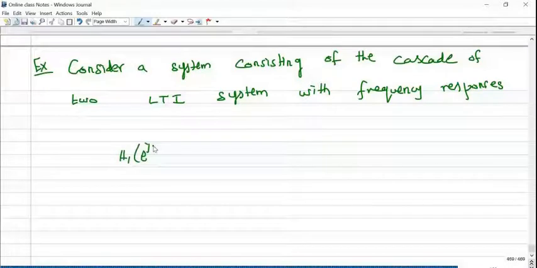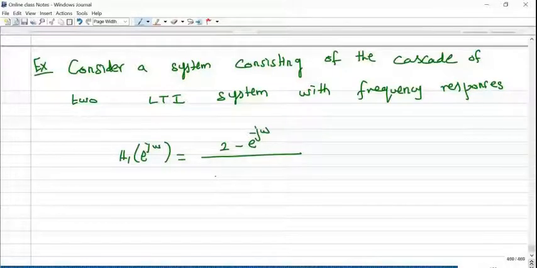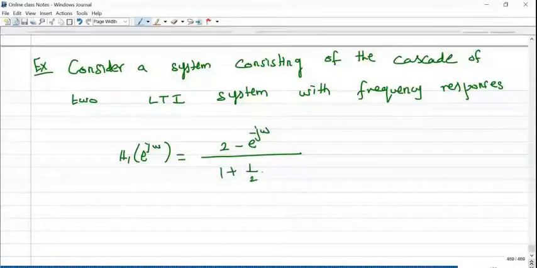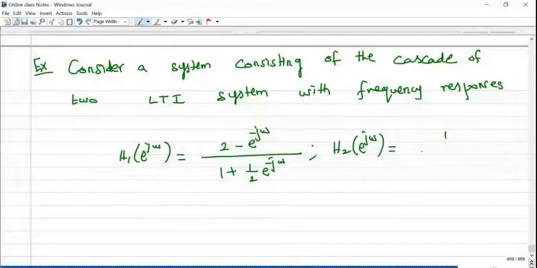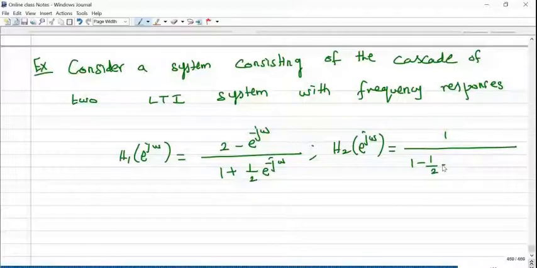H1 of e power j omega equal to 2 e power minus j omega divided by 1 plus 1 by 2 e power minus j omega. Similarly, H2 of e power j omega is 1 divided by 1 minus 1 by 2 e power minus j omega plus 1 by 4 e power minus 2 j omega.